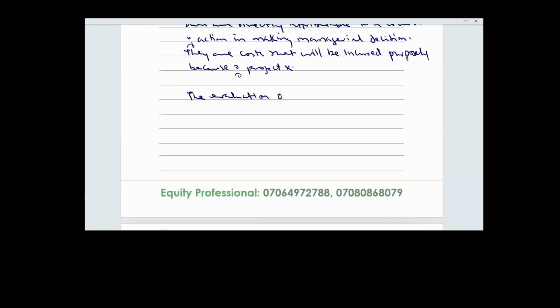The cost evaluation carried out on Project X shows a total relevant cost of 180,000 naira.